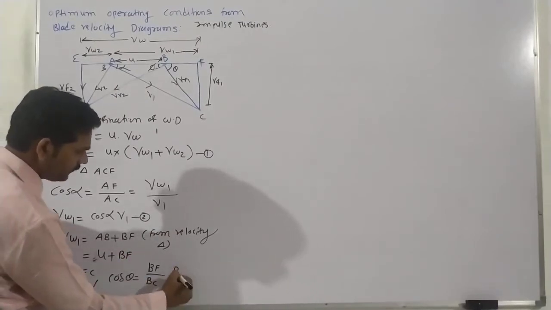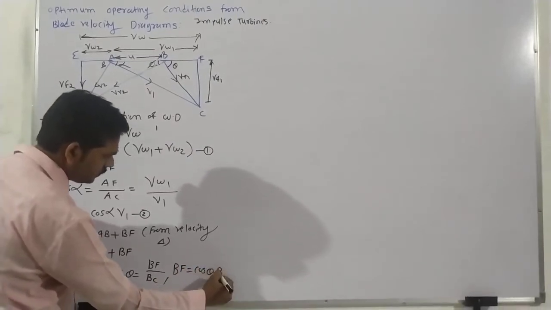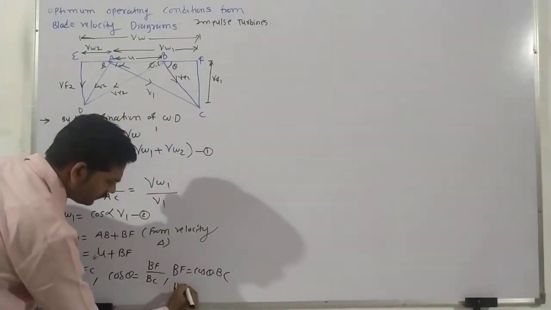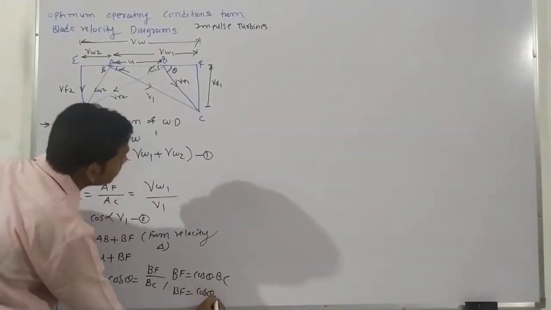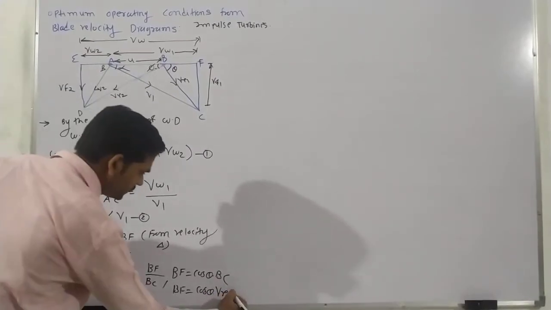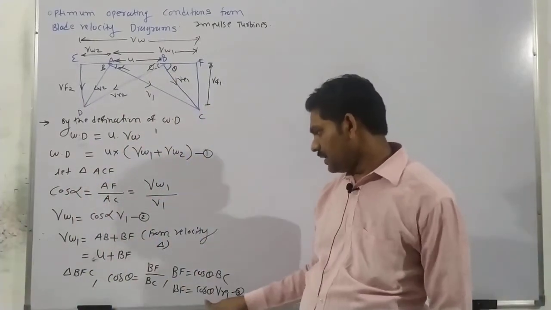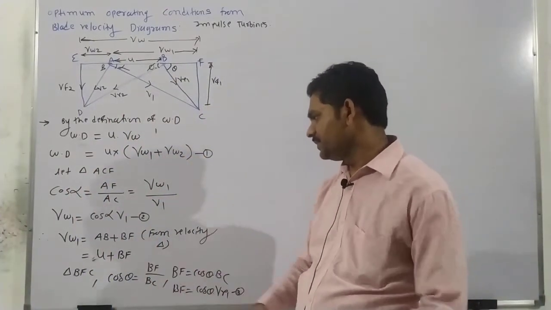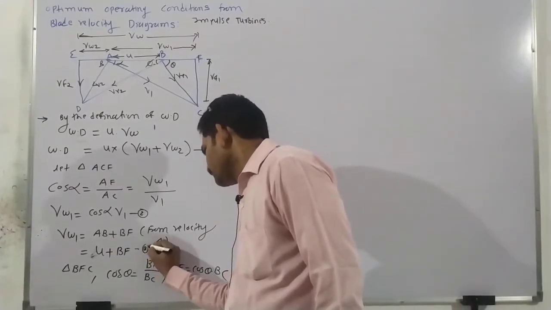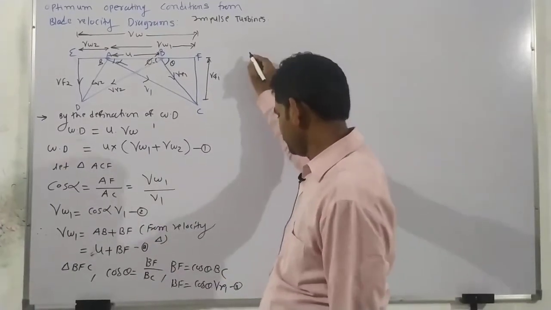So BF is equal to cos theta into BC, and the value of BC is VR1. So BF is equal to cos theta into VR1. Suppose this is equation number 3. We put this BF here, as equation number small a. So we have to put small a in equation number 1. What do we get?